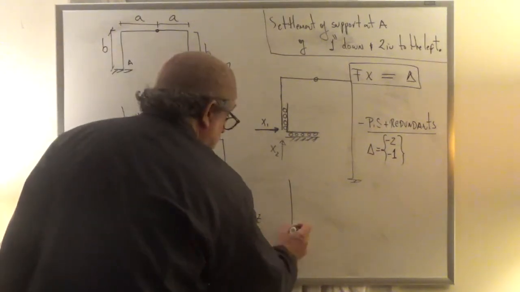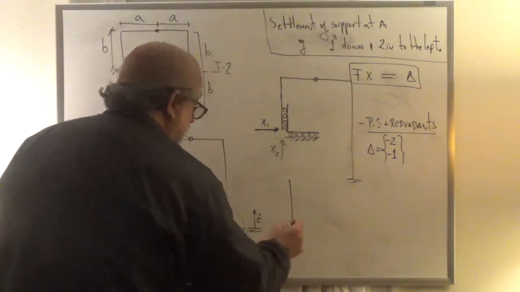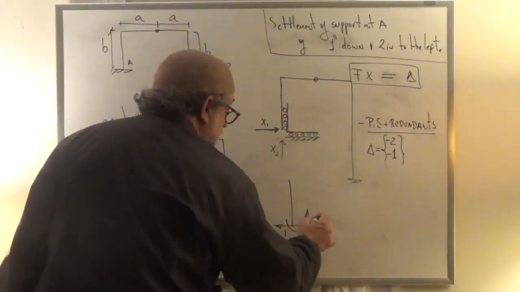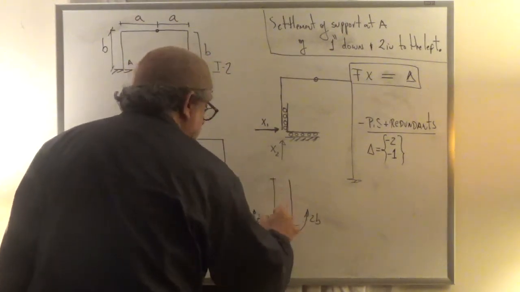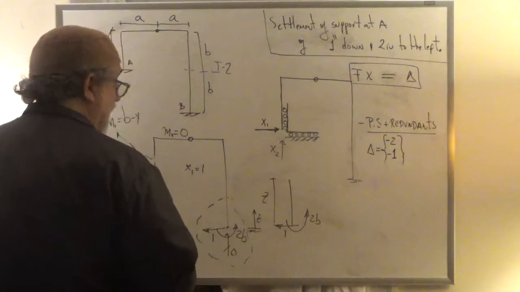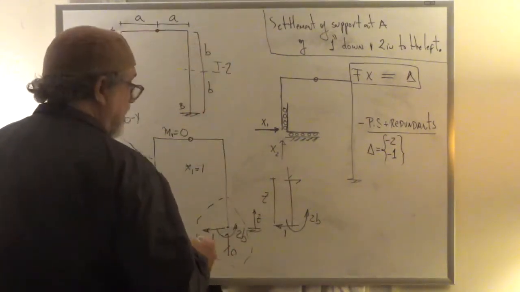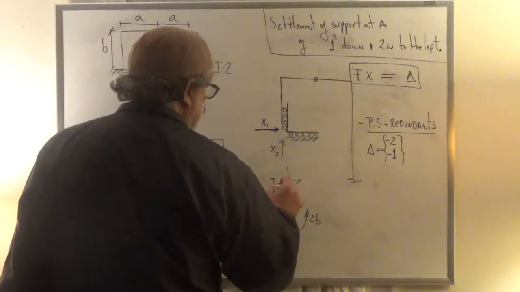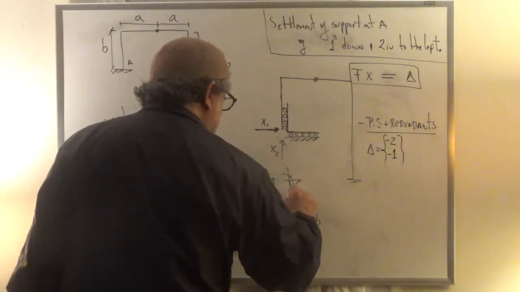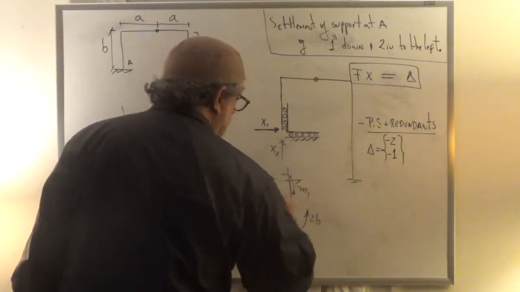So that would be a 1 to the left, a moment of 2B, a height of Z, and at the cut I would have a shear, perhaps an axial, although there's 0 in this case. And I said I'm going to use moments that give compression on the outside, so that would be my M1.